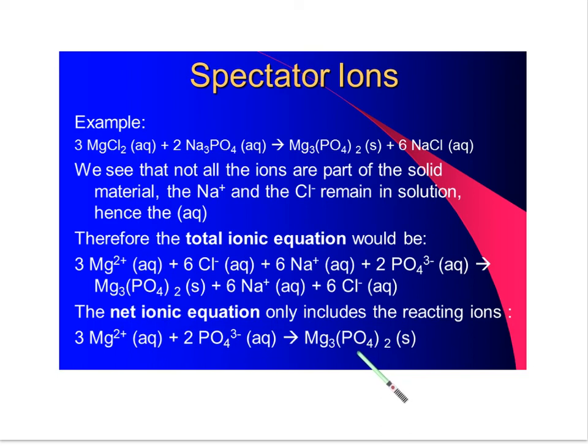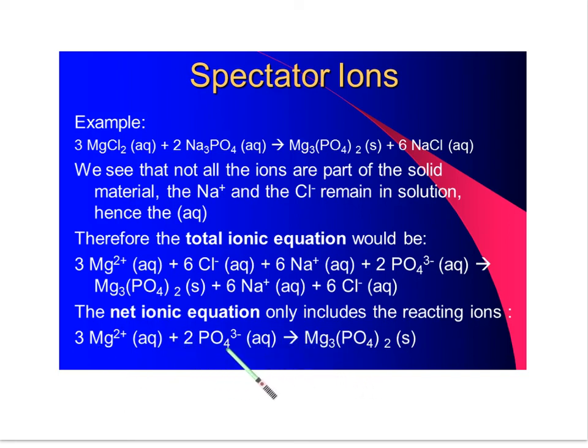One really important thing to note for all of these equations is that they are all balanced. Whether it's the typical equation, the total ionic equation, or the net ionic equation, all of the equations are balanced in terms of the amount of matter that they have and also the amount of charge. For instance, here I've got 3 magnesiums, and here I've got 3 magnesiums.